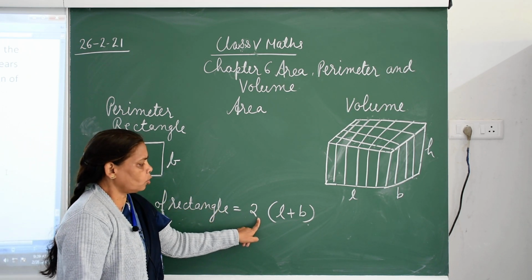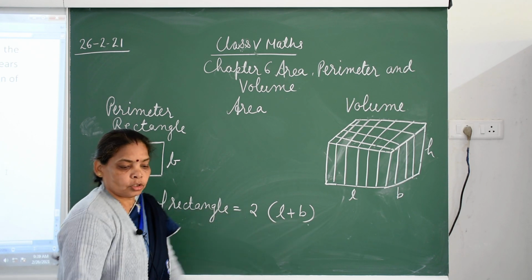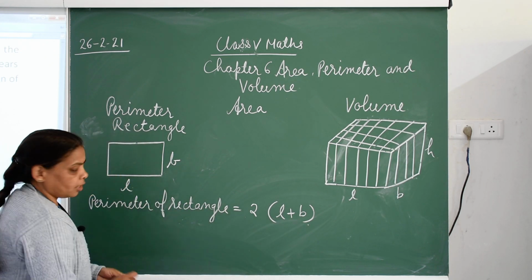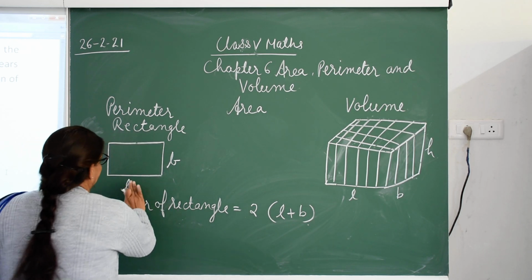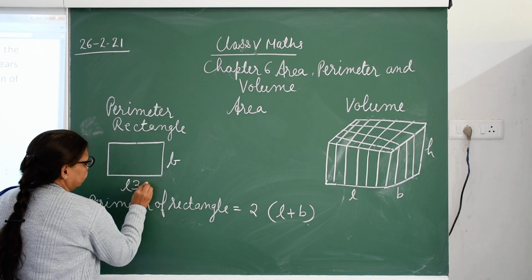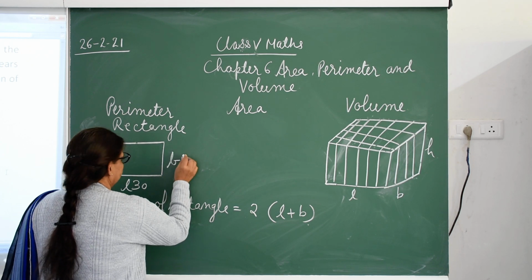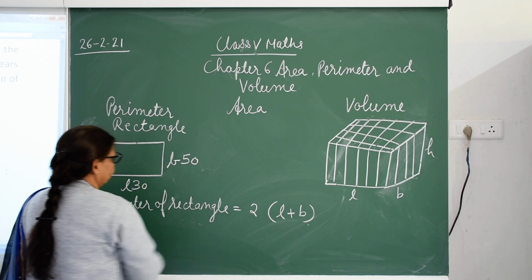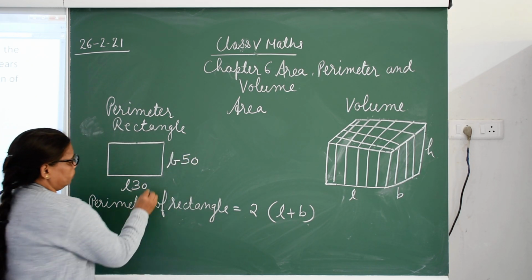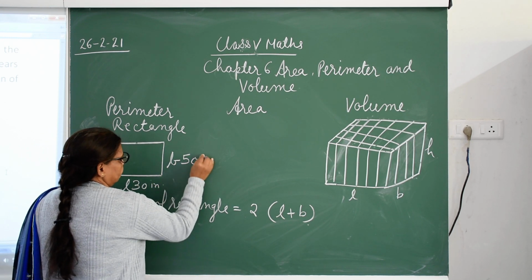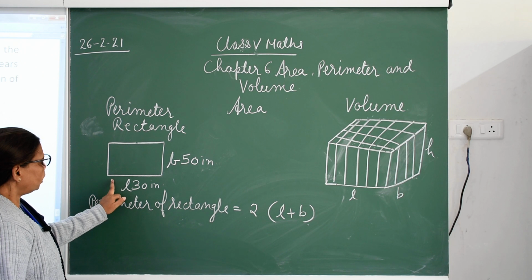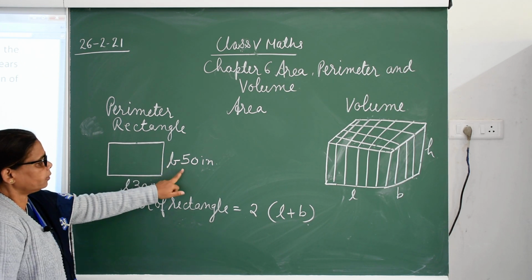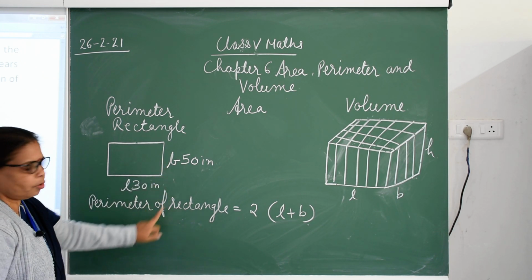So twice of length plus breadth. Here we will take the measurement of 30 and here 50. This we will take in inch. This is a figure where the length is 30 and the breadth is 50. So how do we find it?